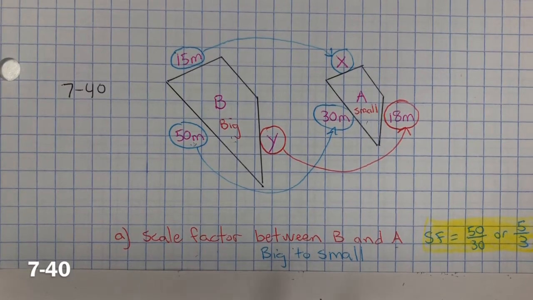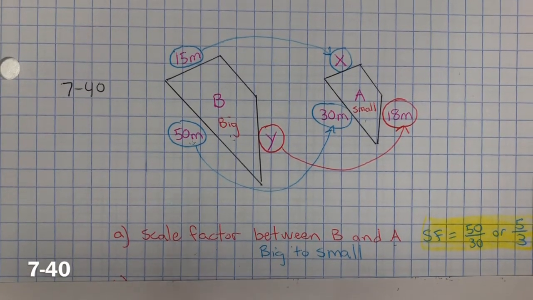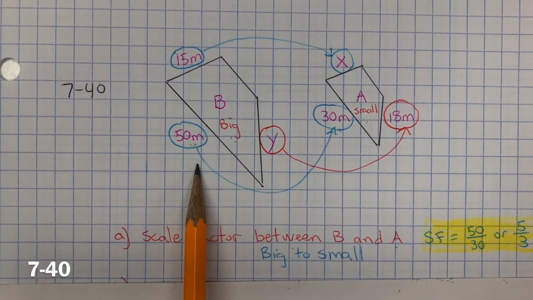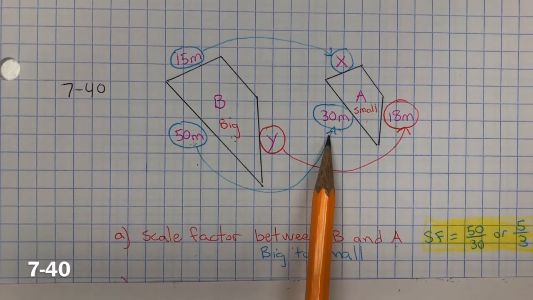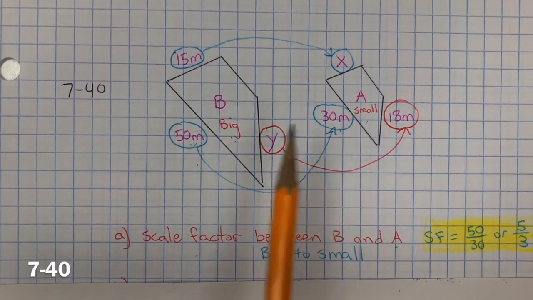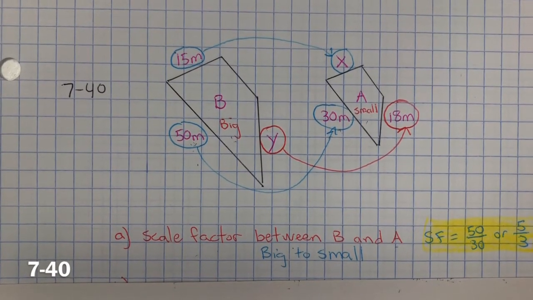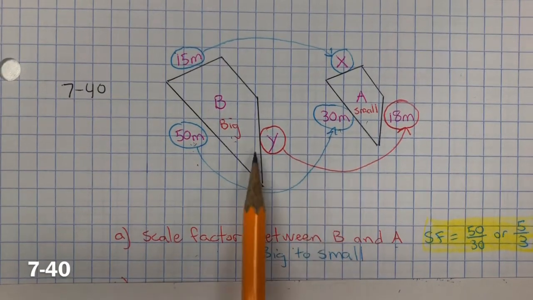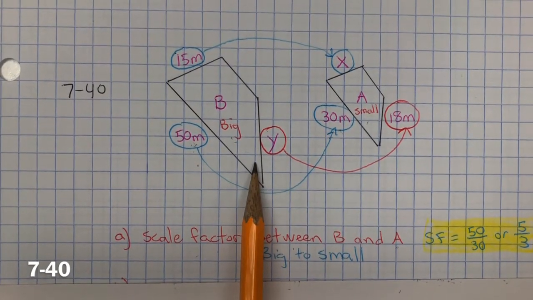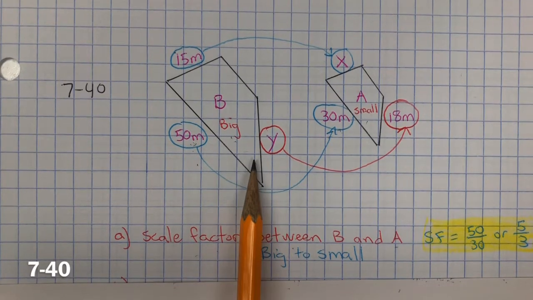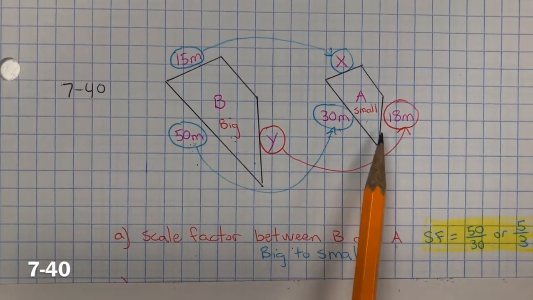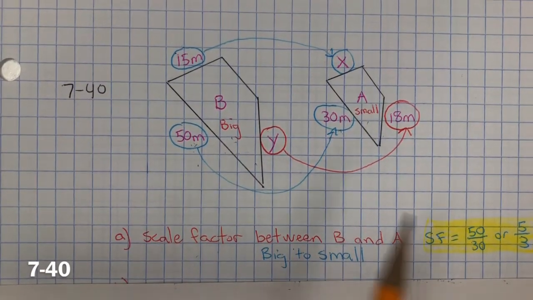So that's from big to small. If you were to go from small to big, if that's the way you saw this, the scale factor would be 30 over 50, which simplifies to 3/5. So depending on how you're viewing this, big to small or small to big, will determine it.